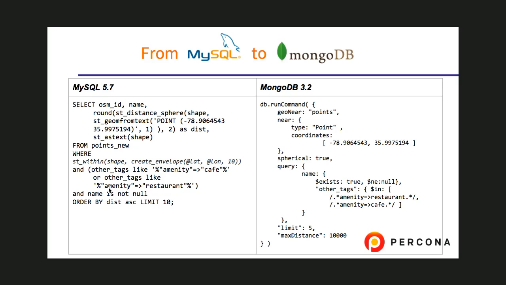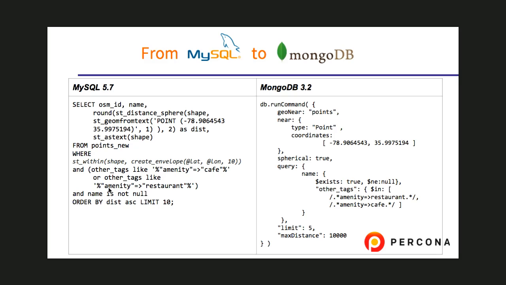So here is the comparison between MySQL 5.7 and MongoDB. In MongoDB, we use the standard MongoDB syntax, but what we use here is this GeoNear construct. With near, we simply specify the point coordinates and specify spherical true.